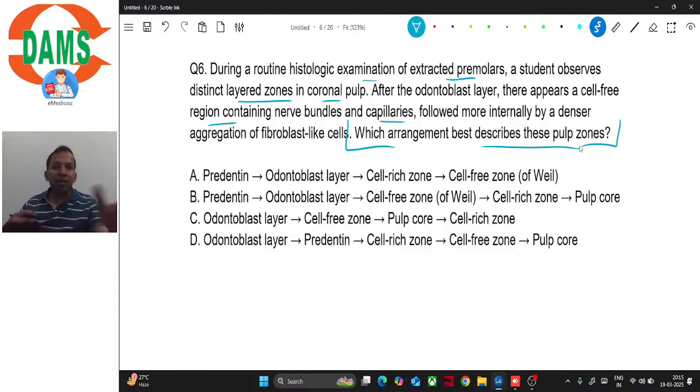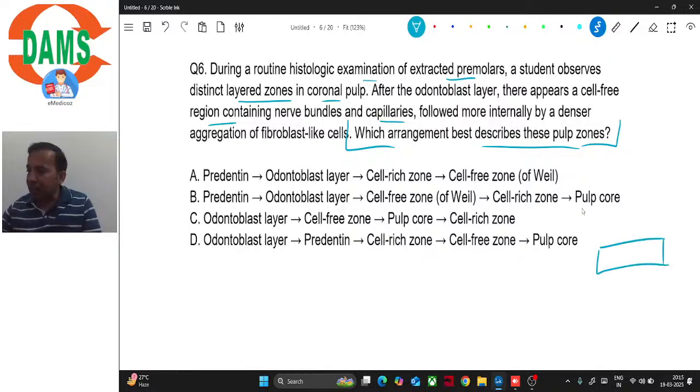Again, since there is pre-dentin also in the options, we know that just adjacent to the pulp is dentin, and just beneath the dentin, the unmineralized region of dentin, is pre-dentin.